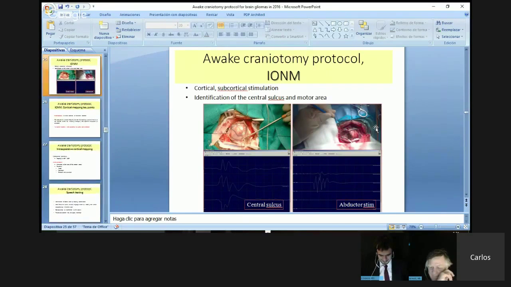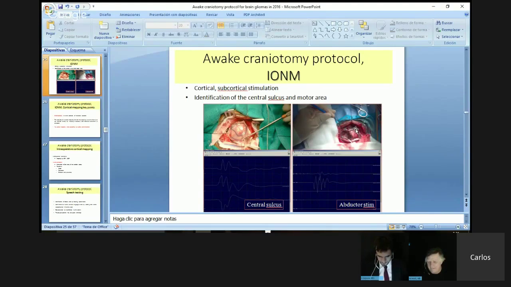As interpretive neuromonitorization, we can use cortical or subcortical stimulation. With this, we can identify the central sulcus and the motor area, as we see in the left picture, where the cerebral cortex surface is, and then we placed the strip electrodes, on the right side.